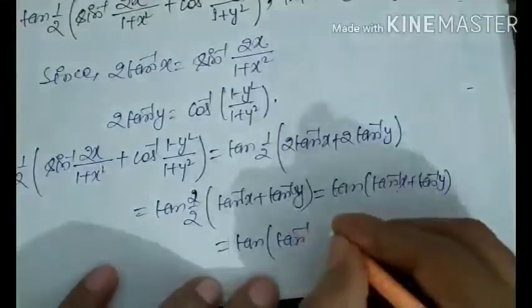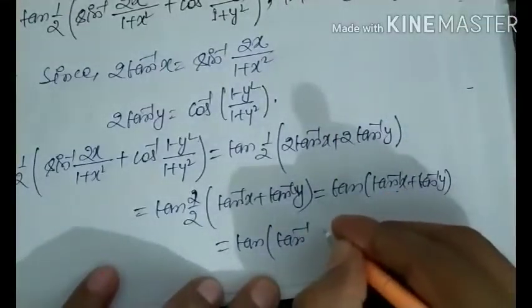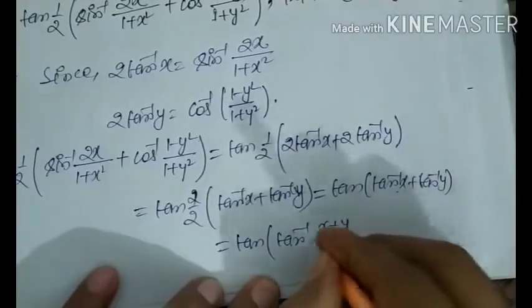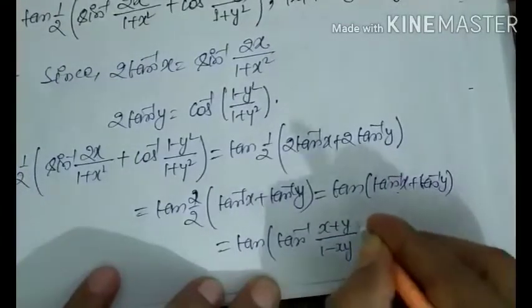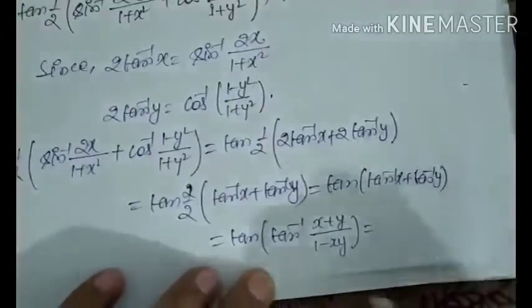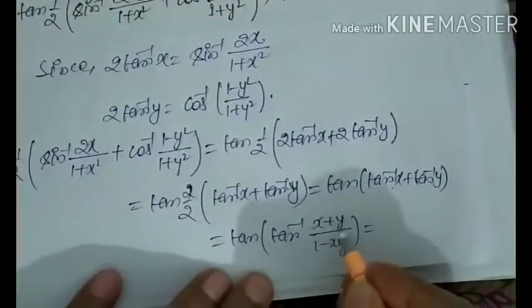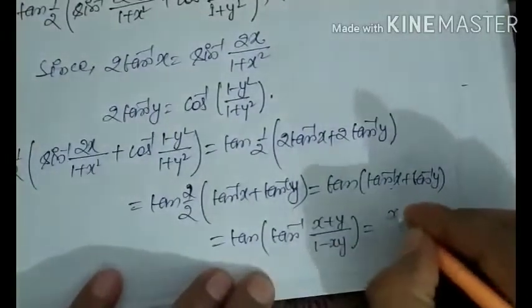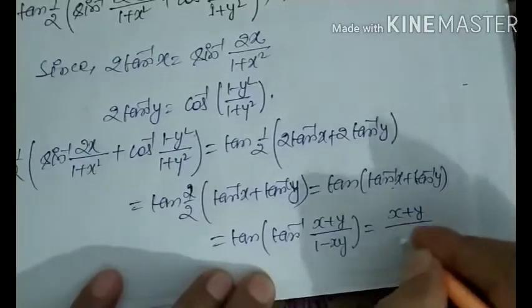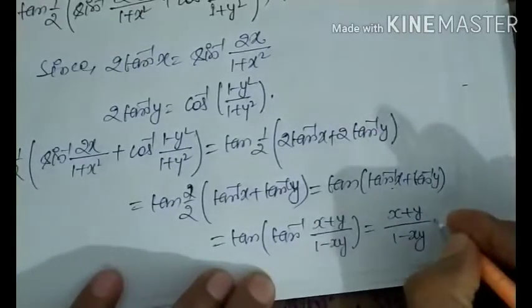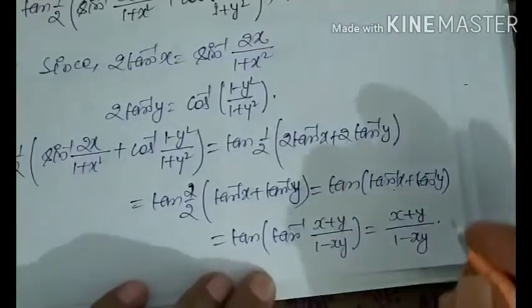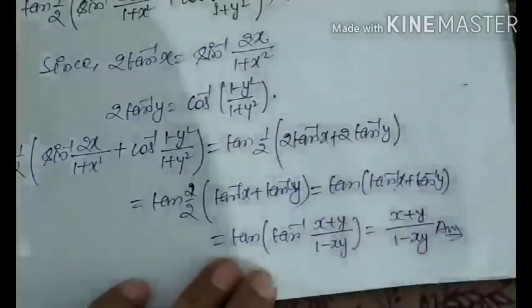That's why we can write tan inverse x plus y upon 1 minus xy. This will be equal to tan of tan inverse something, which is equal to something. That's why it will be x plus y upon 1 minus xy. This is our answer. Next question.